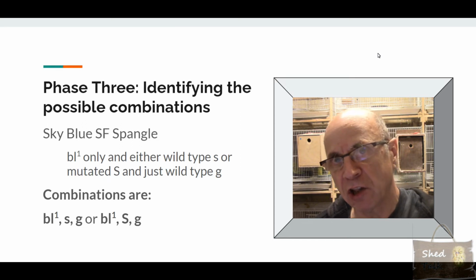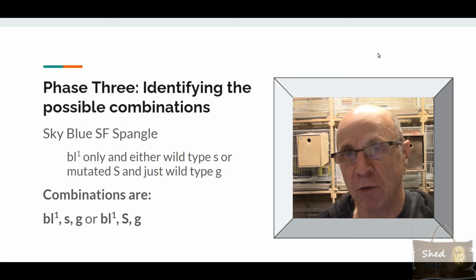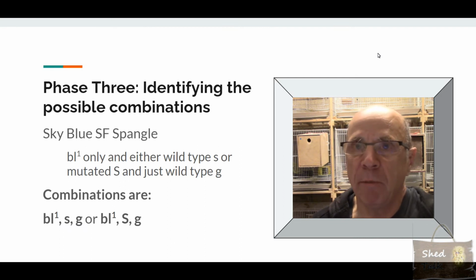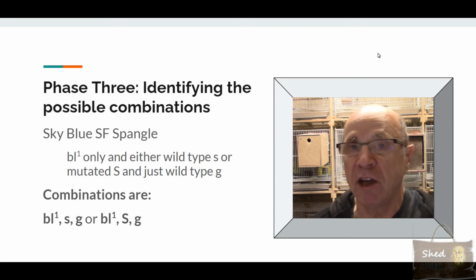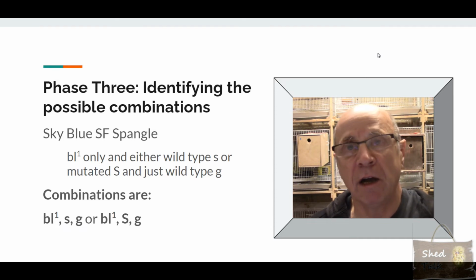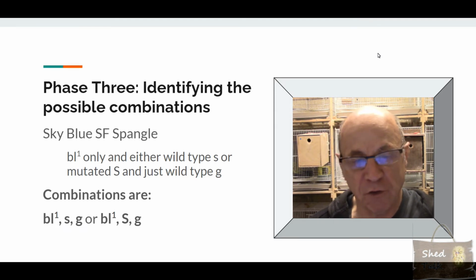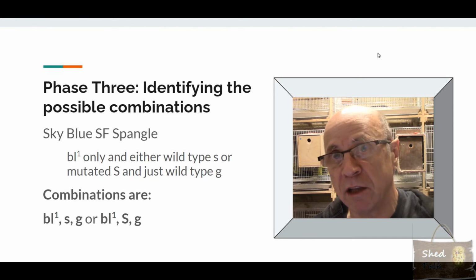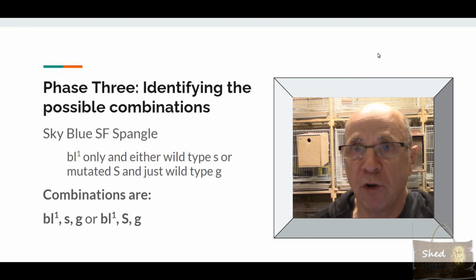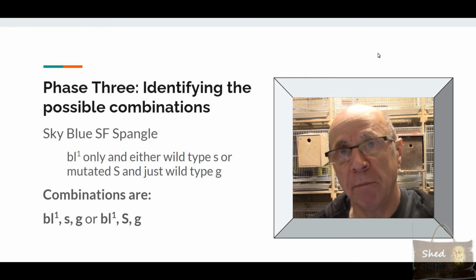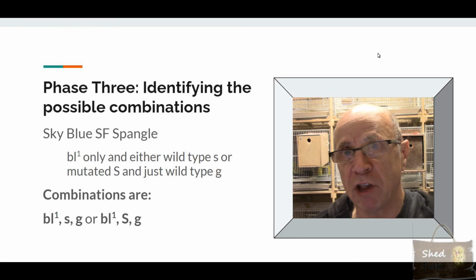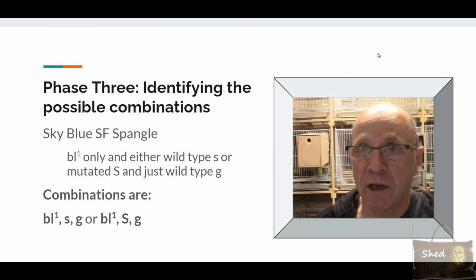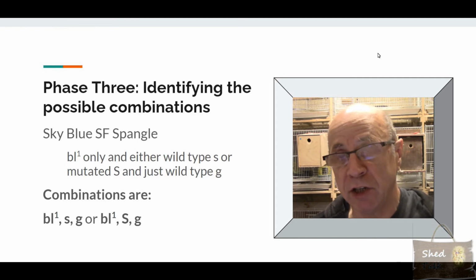For the sky blue single factor spangle, in effect the only different allele that he can pass on is the spangle allele, because for the blue allele, both of the allele are homozygous for the mutated gene, and for the grey allele, both the allele are homozygous for the wild type grey gene.